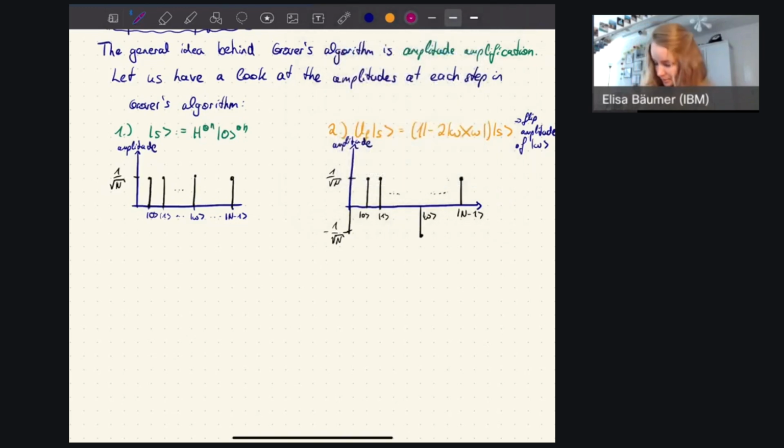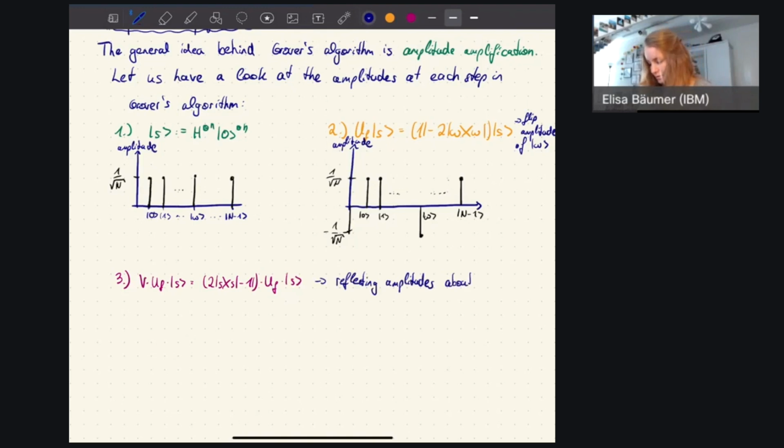Then in a third step, the one where we apply V, this actually corresponds to reflecting the amplitudes about the average amplitude.